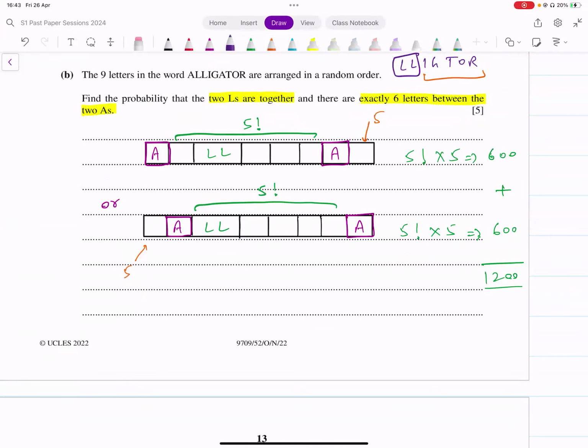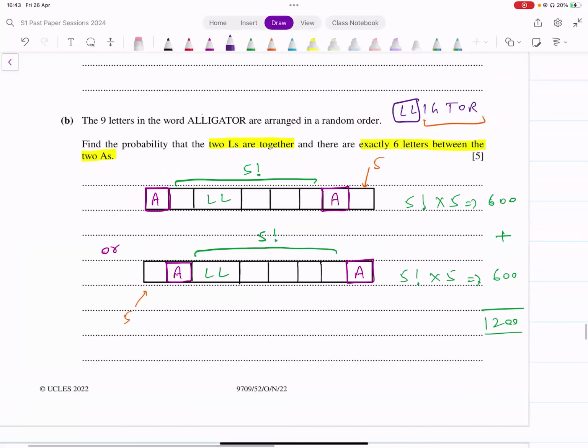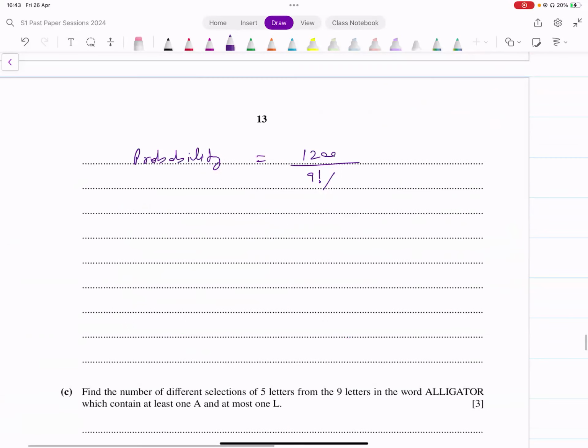There are 9 letters. So we say 9 factorial divided by the repeated letters. There are 2 L's and 2 A's. So we divide by 2 factorial and 2 factorial. And that will give you the probability. Okay, so in the denominator, we've got 9 factorial over 2 factorial and 2 factorial. And that should give you the result.